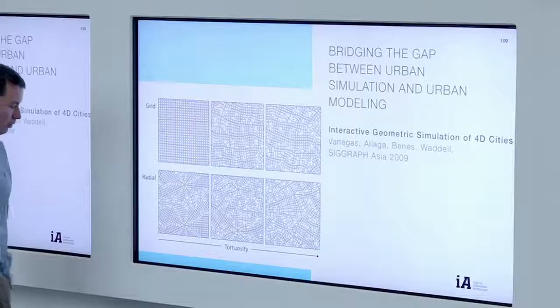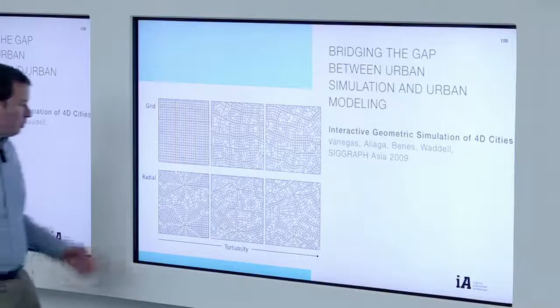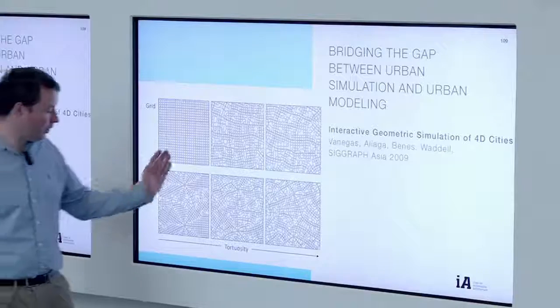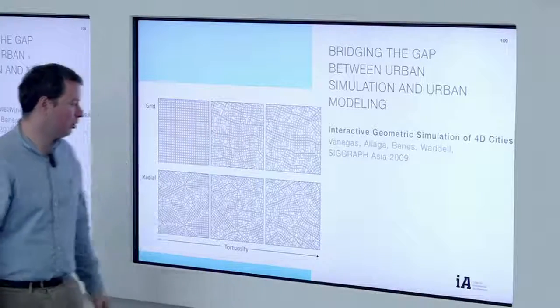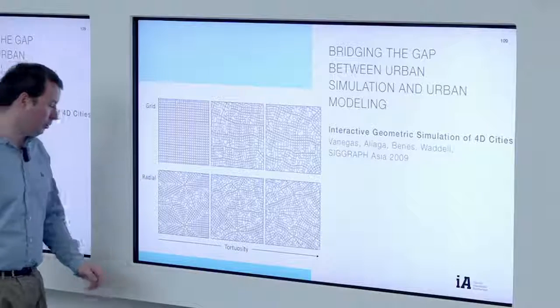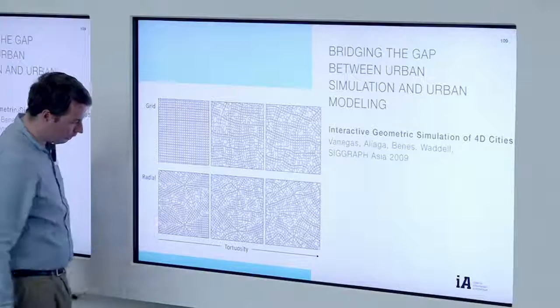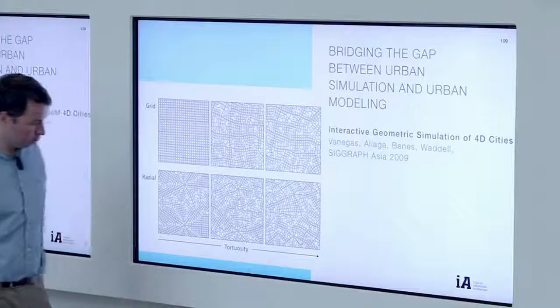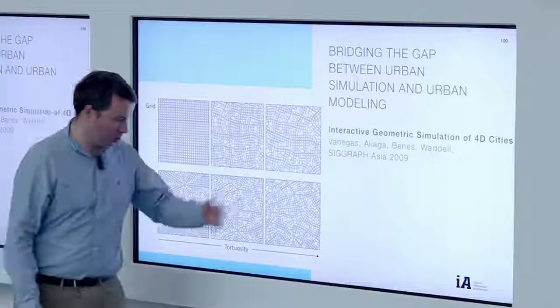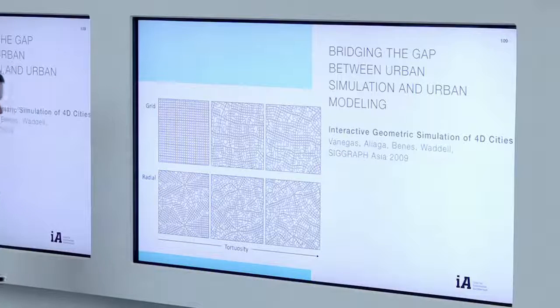The computer graphics guys always refer to that as styles. For instance, a grid-based approach where you can add tortuosity. It looks more and more organic. And then you have radial styles, with those very interesting traffic corners in the middle. If you add tortuosity and you add terrain to it, it almost always looks like a city.